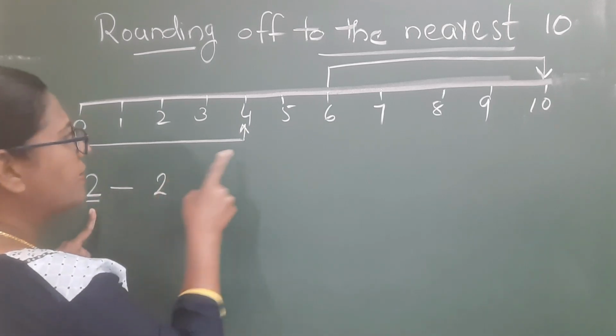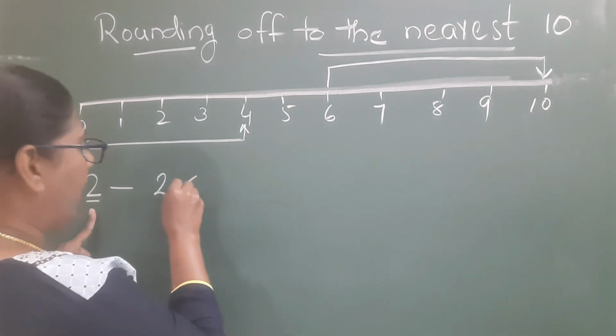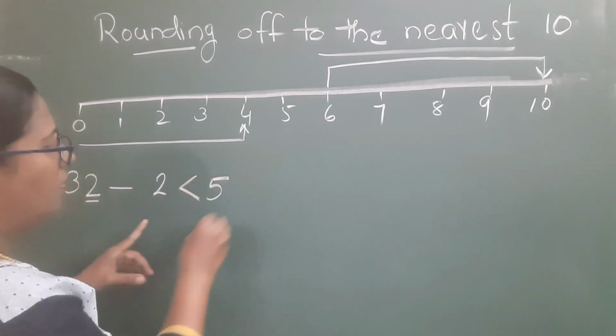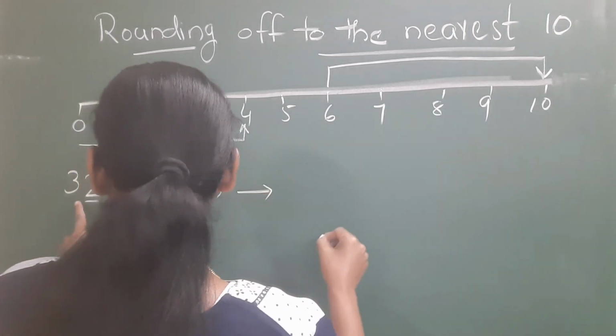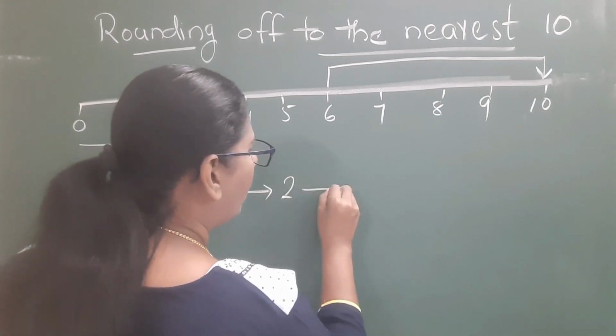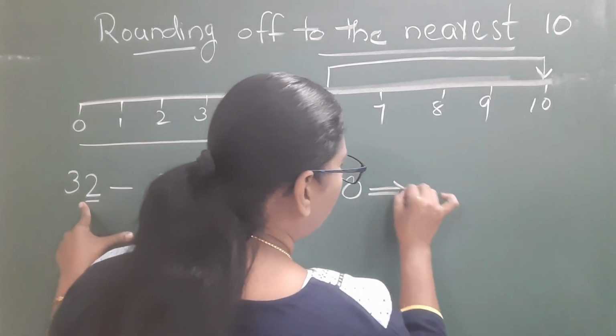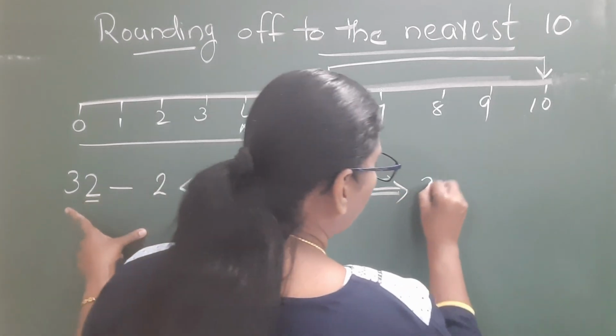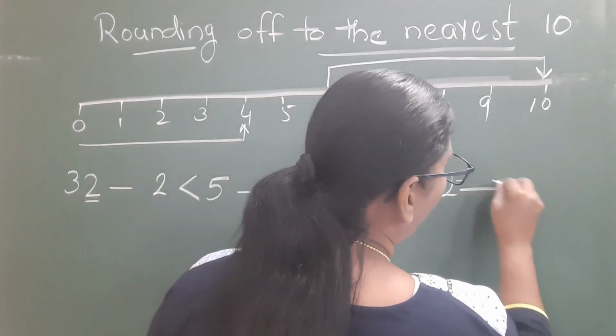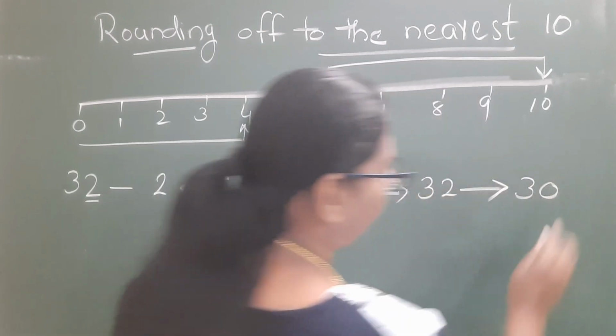Here 2 is less than 5, so 2 round off to 0. So 32 round off to 30.